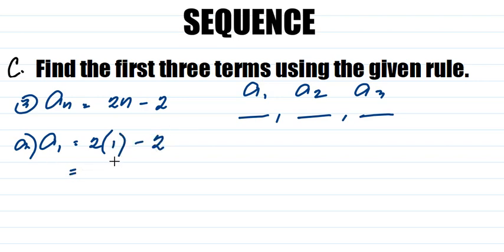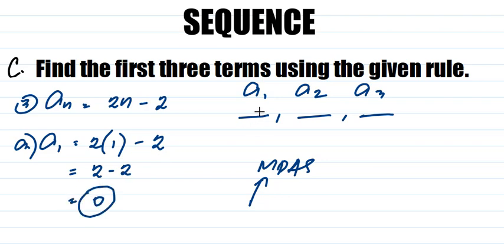The rest is algebra. Ito yung multiplication at ito naman yung minus. So, sa MDAS, dapat unahin si multiplication. So, therefore, multiply muna tayo ng 2 at 1, which is 2 minus 3. So, yung first term natin ay negative 1.